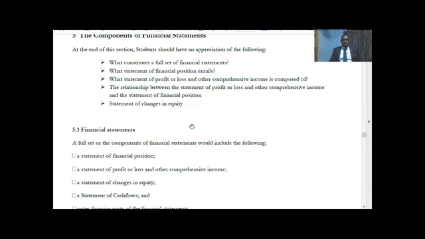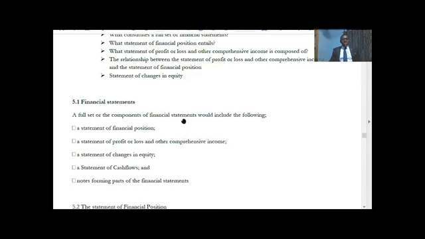So let's look at the constituents of a financial statement. A full set, or the components, of financial statements would include the following. 1. A statement of financial position. 2. We have the statement of profit or loss and other comprehensive income. 3.